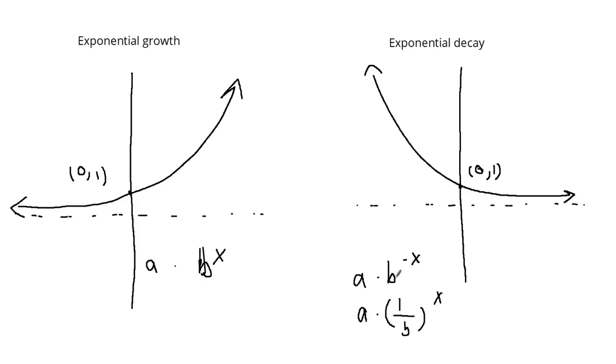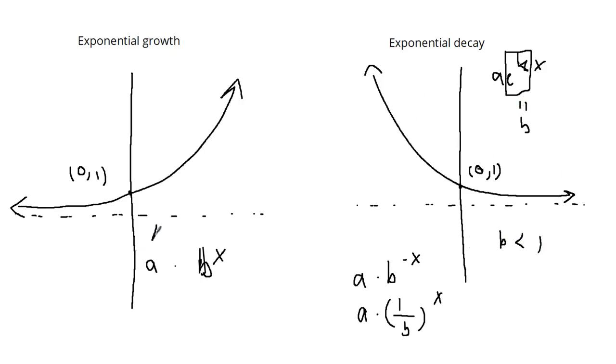Or it might make you write it in the form a times e to the kx. But you just have to make sure you know that this e to the k is equal to b, and when b is less than 1, then it'll decay.